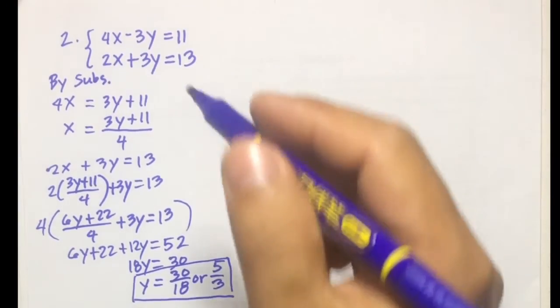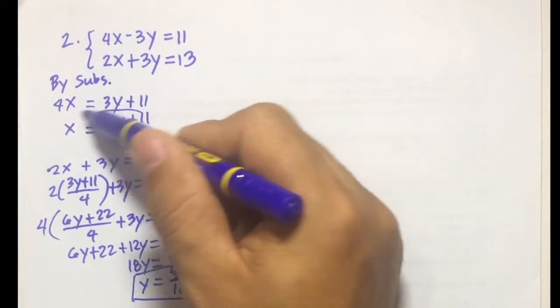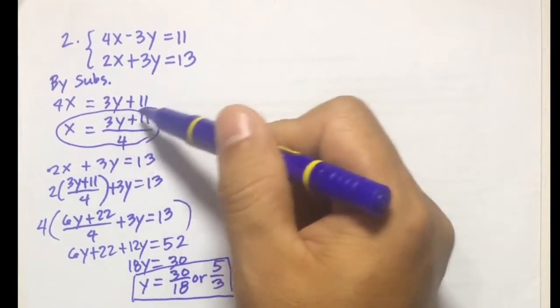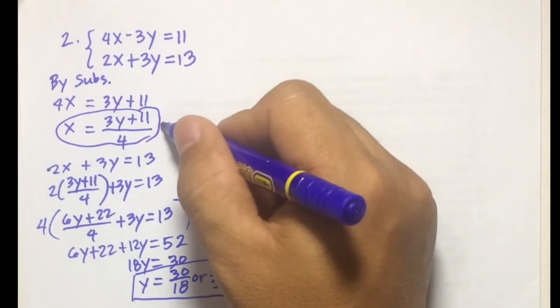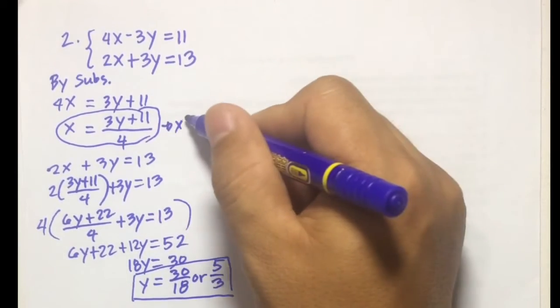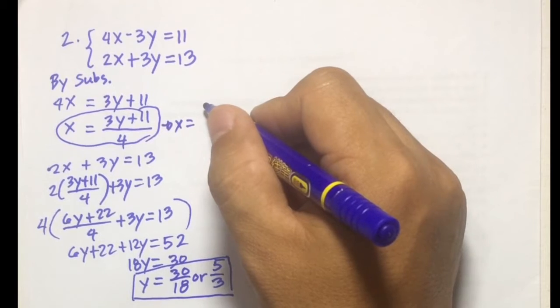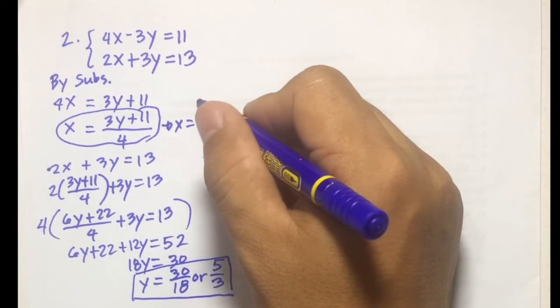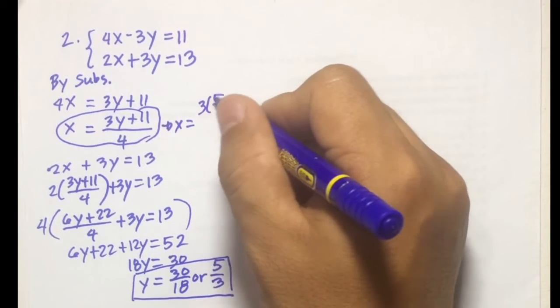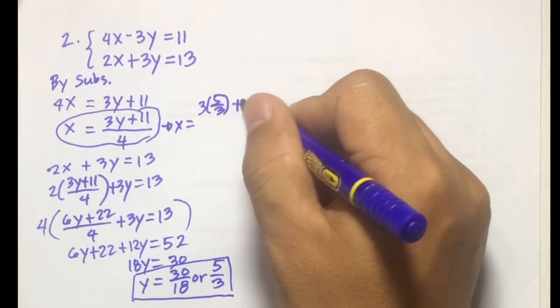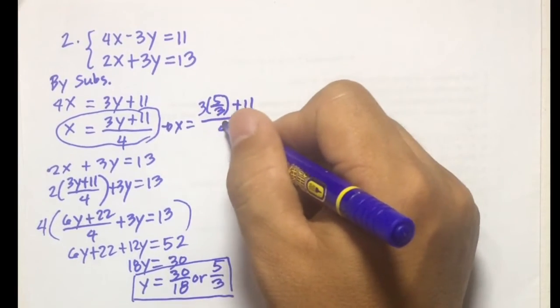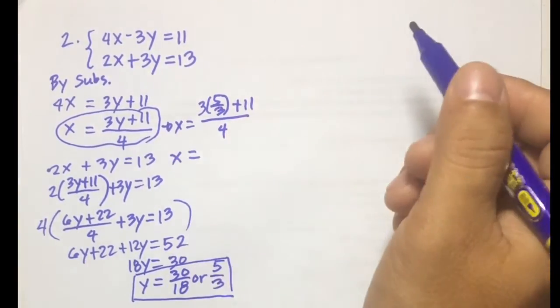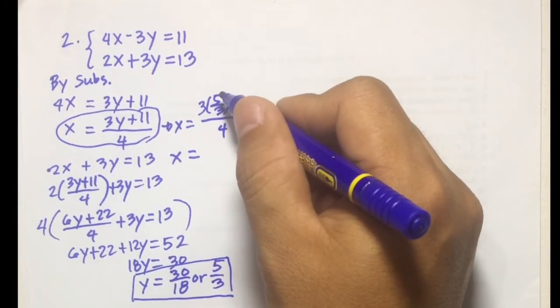Then finding the value of x, we're going to use this one. X equals 3y plus 11 over 4. So this will become x equals, the value of y is 5 over 3. So we're going to have 3 times 5 over 3 plus 11 over 4. So x here will be equal to 3 times 5 over 3 is 5.